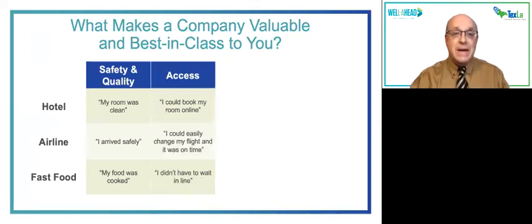Another thing you expect is to have access. You expect to be able to get a hotel room when and where you want it, right? You expect, if it's an airline, that you could change your flight if you needed to. And if it is a fast food restaurant, you don't want to have to wait in line forever, okay?